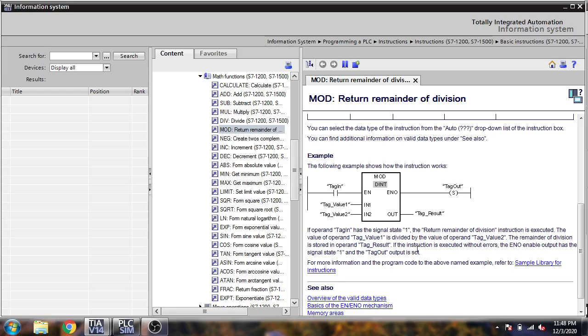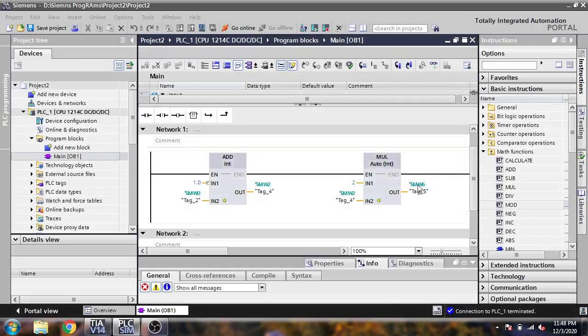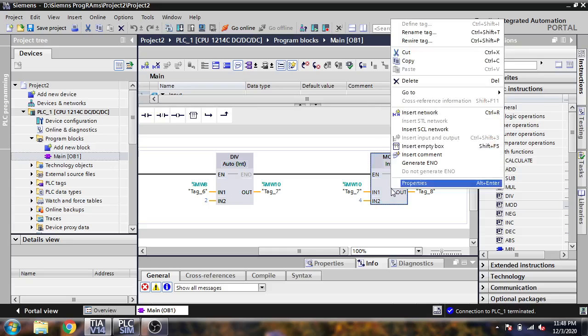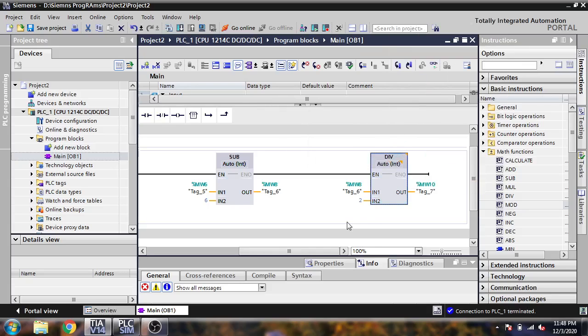Execute it. It will divide the value of tag 1 by tag 2, and the remainder of tag 1 and tag 2 is our mod. That is how the mod works. If tag 2 is 0, it is set to 0. So that's how our mod works.